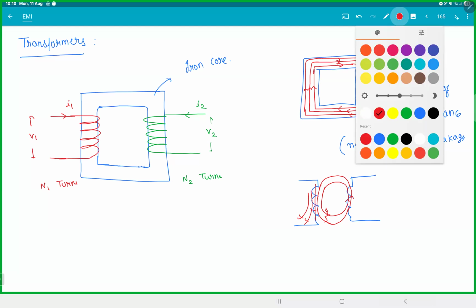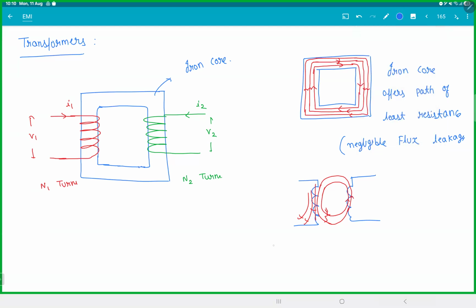Now, if you see the number of lines are same, the flux through each turn is same. There is a flux leakage here. So whatever is the flux through per coil, it will be the same on the left and the right hand side.